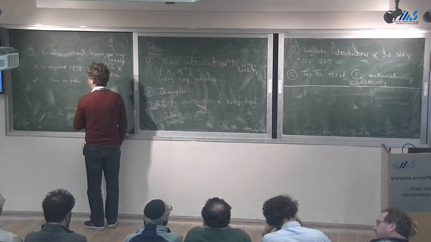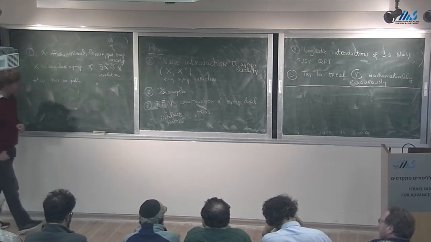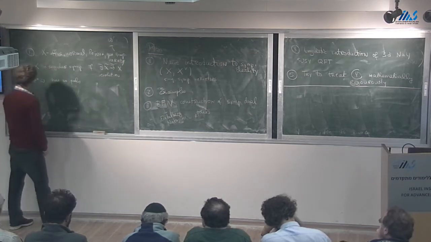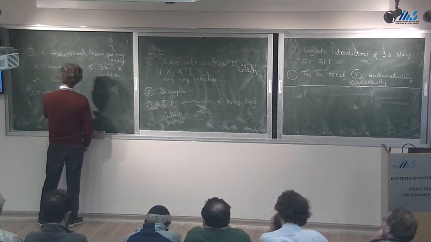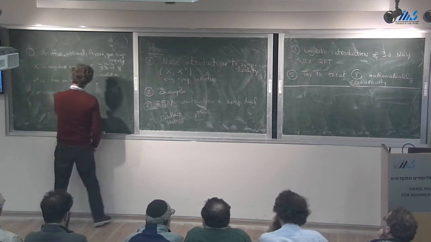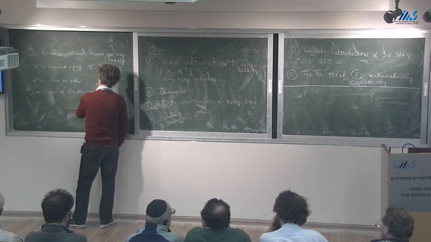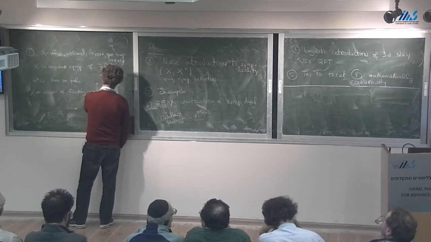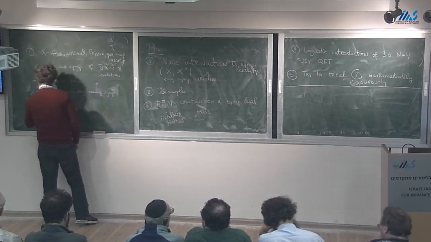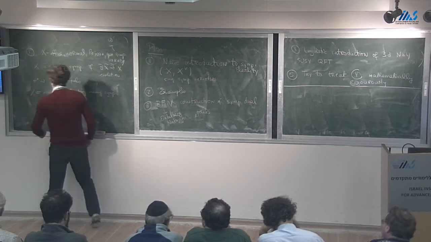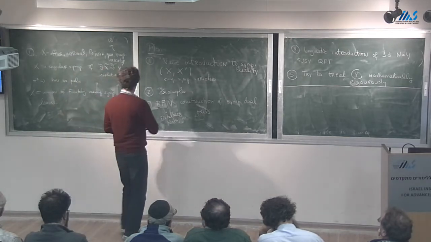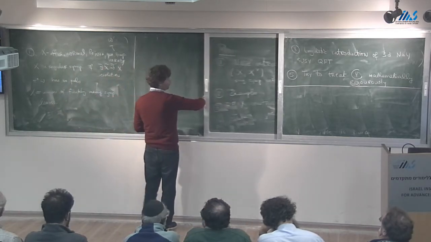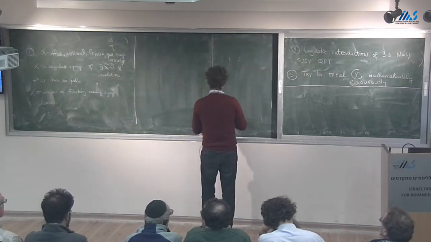In this case, it's known that X is a union of finitely many symplectic leaves.